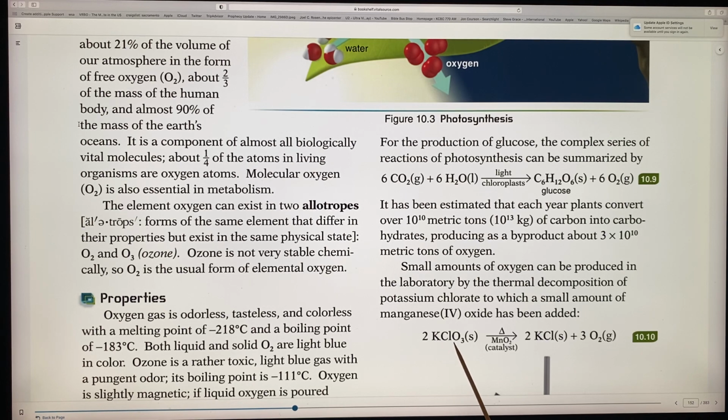This is potassium chlorate, and with this catalyst of manganese, it is made into potassium chloride and oxygen. It's another way that oxygen can be taken out in a laboratory.